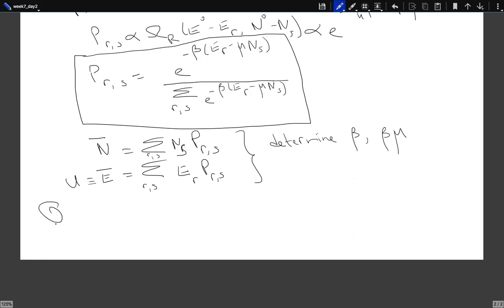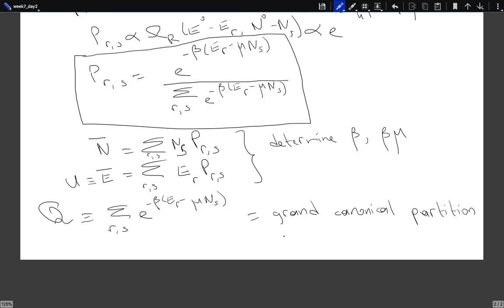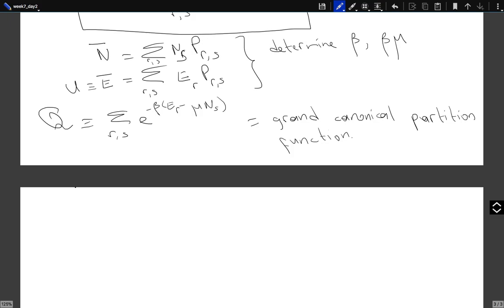Now let's call this sum Q. This is the grand canonical partition function. Now, quite often we define some other quantity, let's call it Z, as e to the power beta mu.